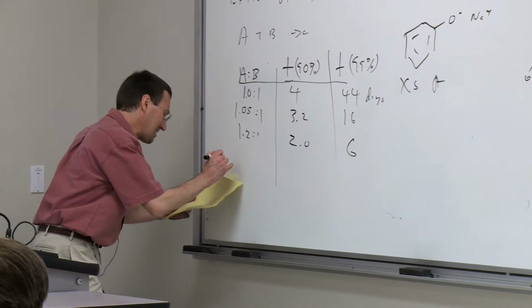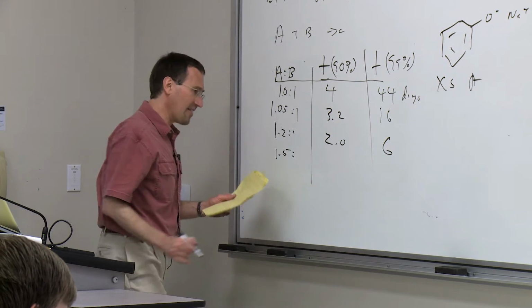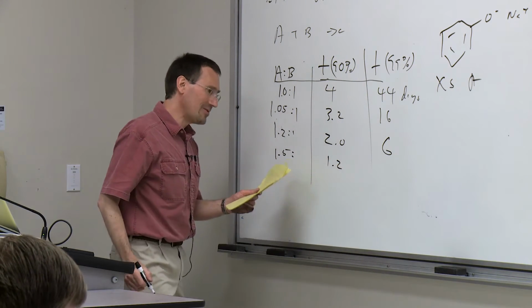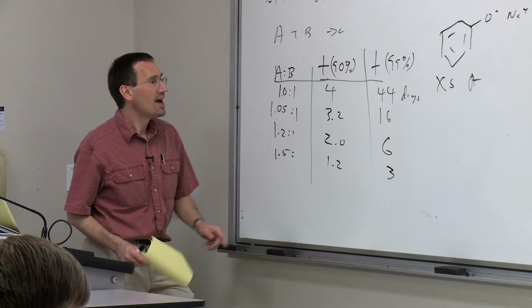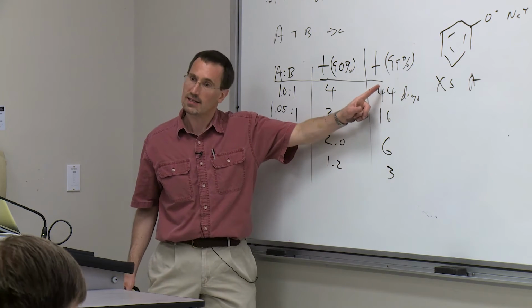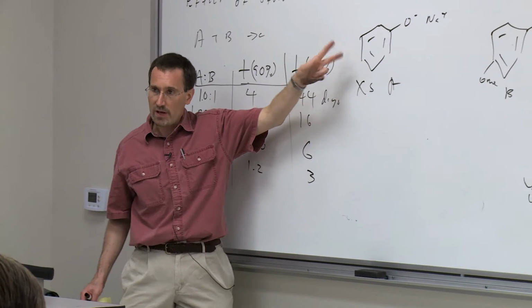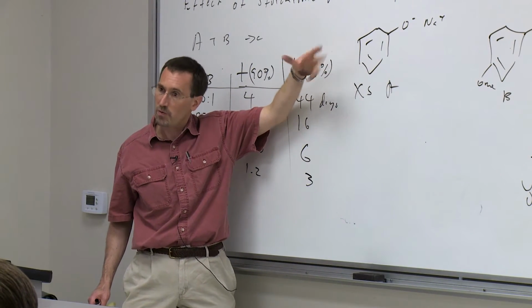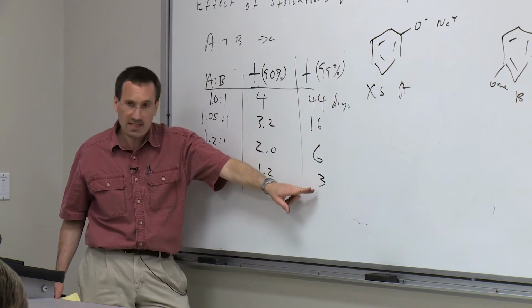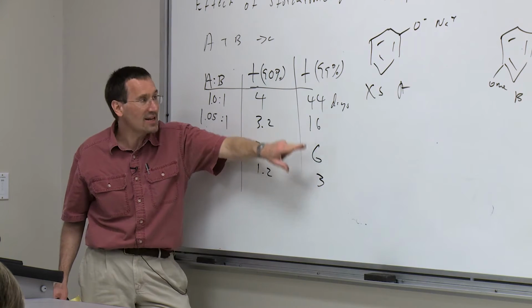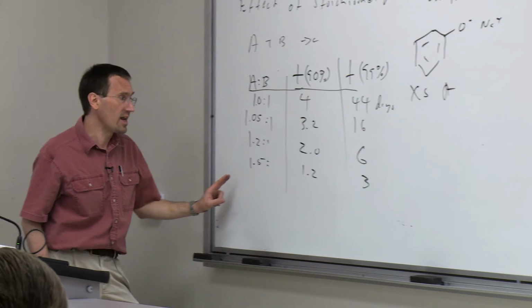All right. Things get even better if you go up to 1.5 equivalents. You go to 1.5 to 1. Now it's 1.2 time units, 1.2 days or whatever to get to 90%, and 3 time units to get to 99%. In other words, if you can get away with it without it leading to side reactions or a product that's hard to remove, to reach that 99%, I've cut my time by more than a factor of 10 by using 1.5 equivalents.